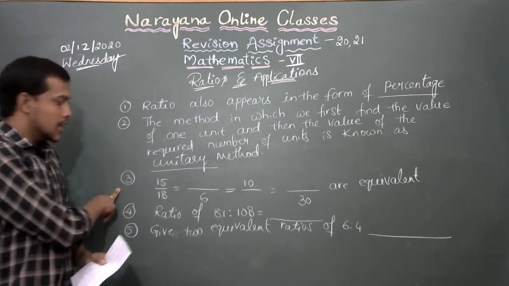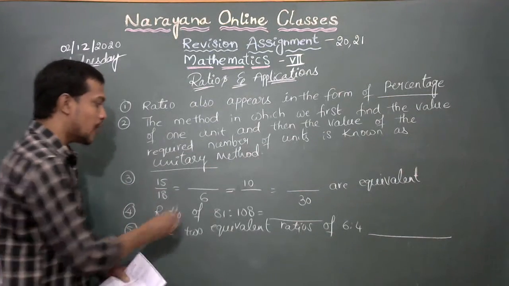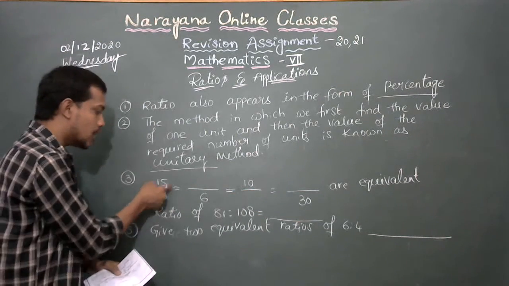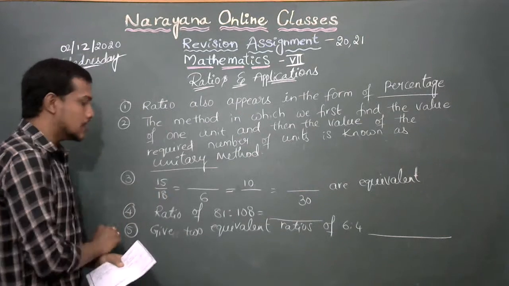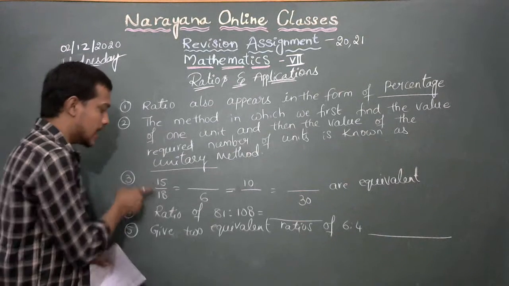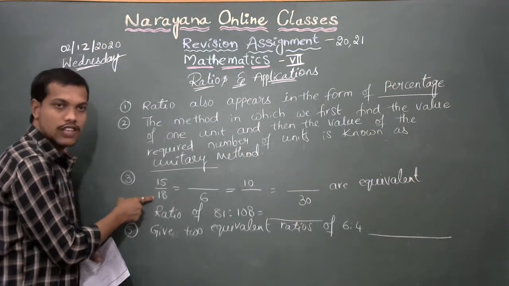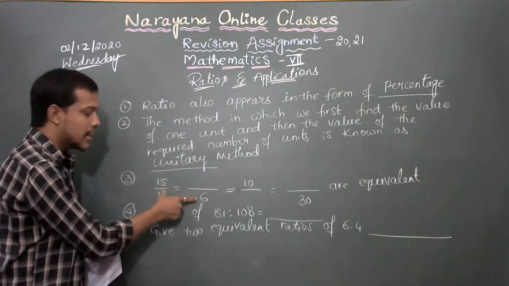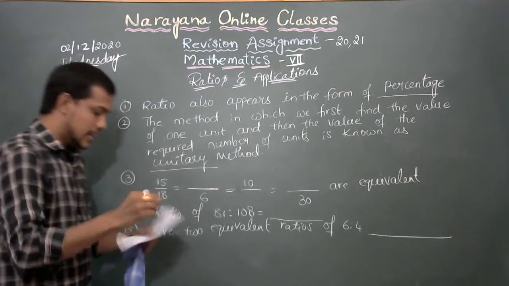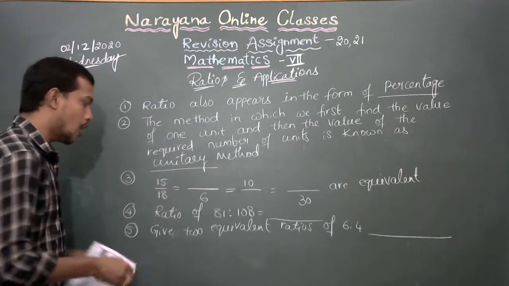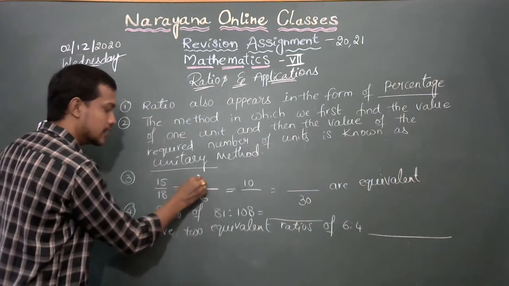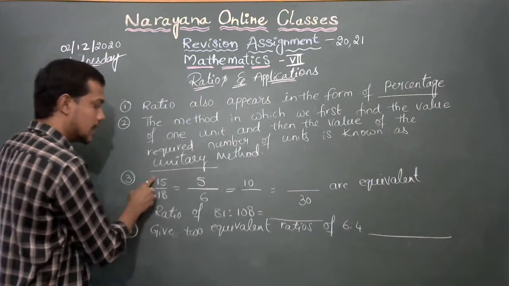Now third one. In this third one, we need to find three blanks. Based on the first ratio, we can convert into equivalent fractions. This is 15 by 18, so here the blank is by 6. 3 6s are 18, 3 5s are 15.